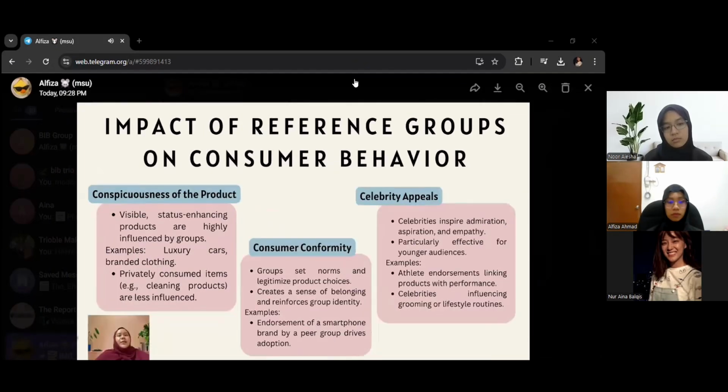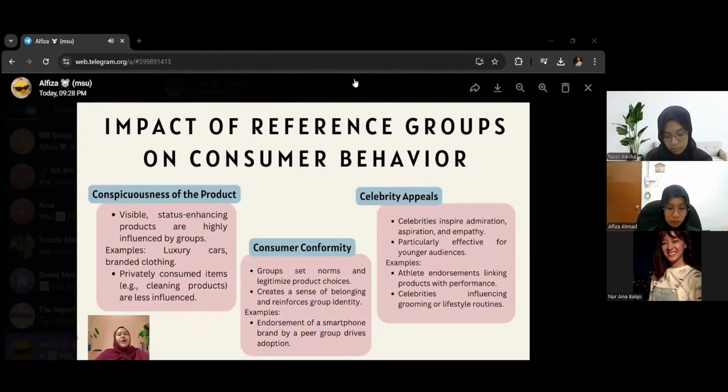Thirdly, conspicuousness of the product. Products that are highly visible or socially significant are more influenced by reference groups. Examples include branded clothing, luxury cars, or high-end gadgets. These products are often purchased with the opinions and reactions of others in mind, as they help signal status or identity.